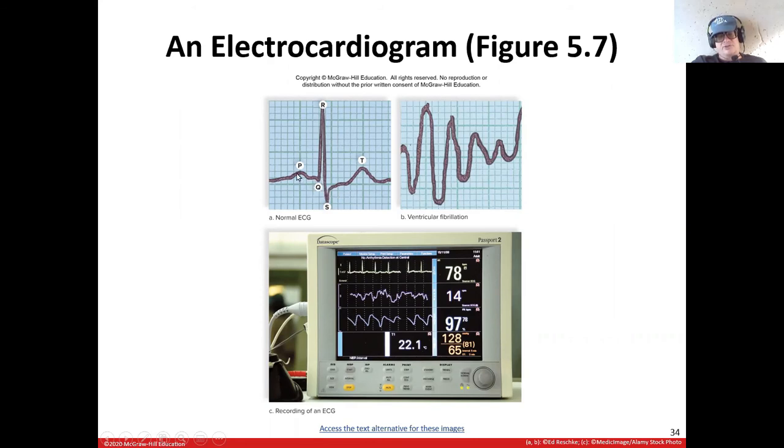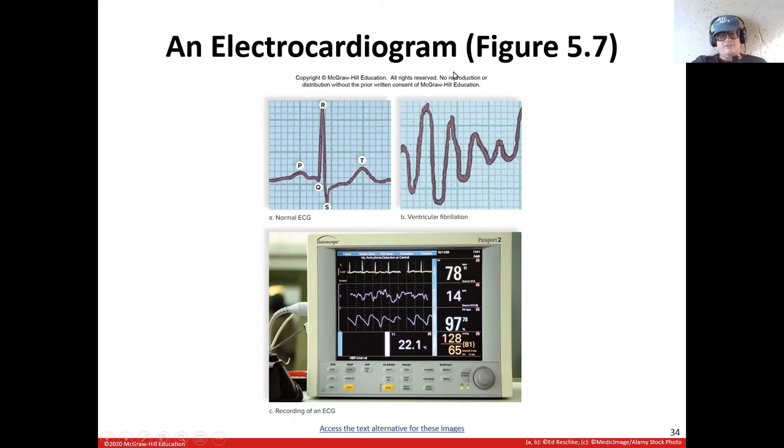So signal to contract atria, then electrical signal as atria relaxes, but at the same time, signal for ventricle to contract, and then signal for ventricle to relax. So what I'm getting at is we have our P wave, signal for atria to contract.